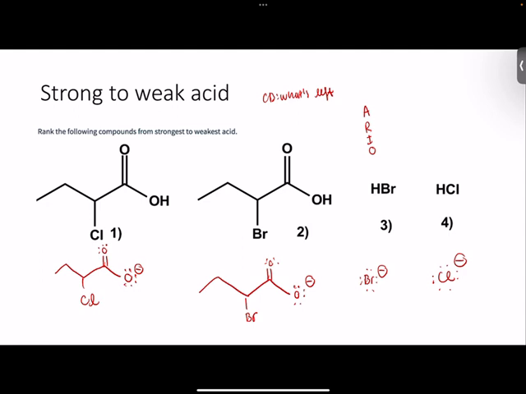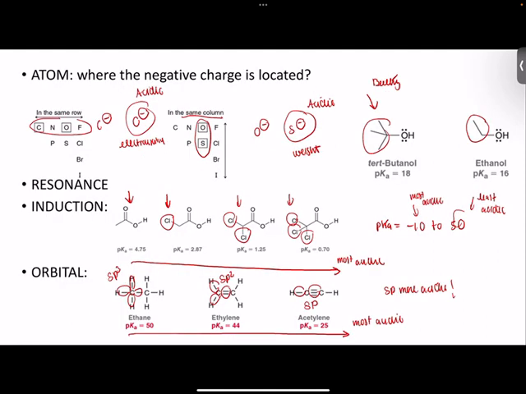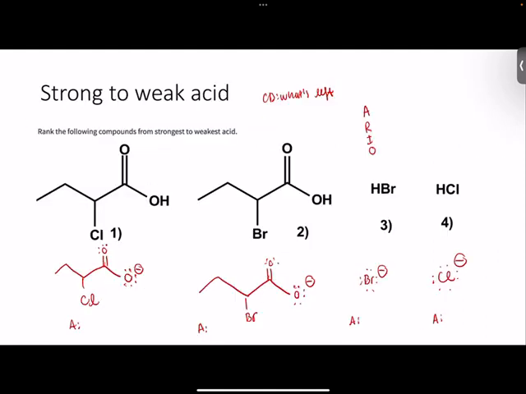Okay, so we can look at atom. Let's look at atom. Okay, nice. So our negative charge is placed on the first molecule, on an oxygen. Second molecule, our negative charge is placed on an oxygen.